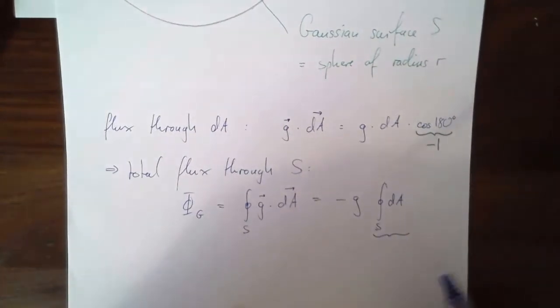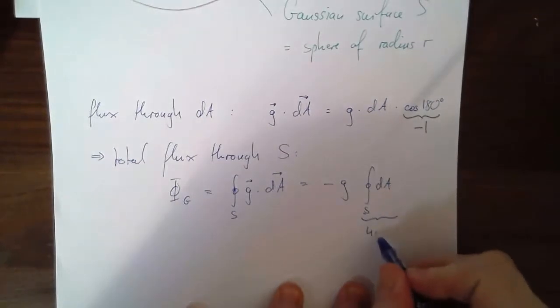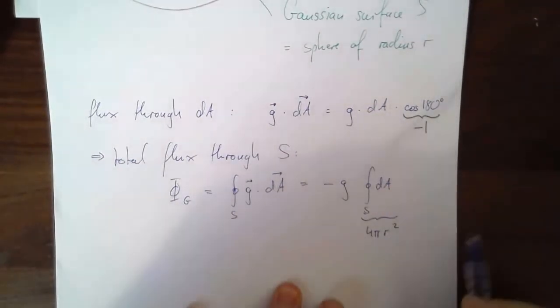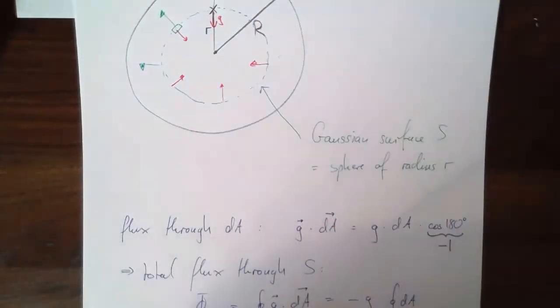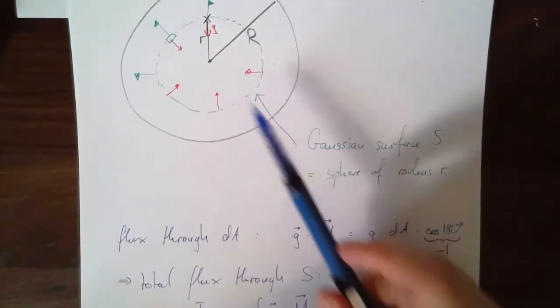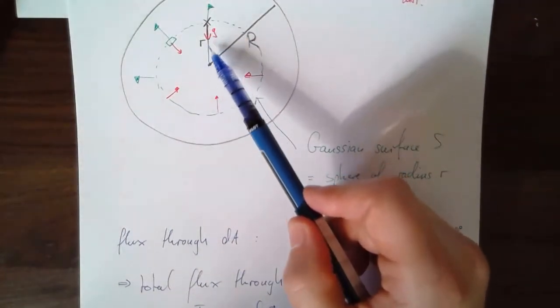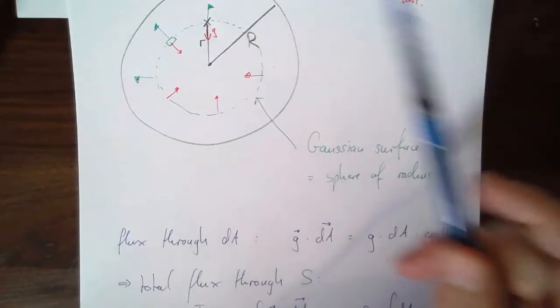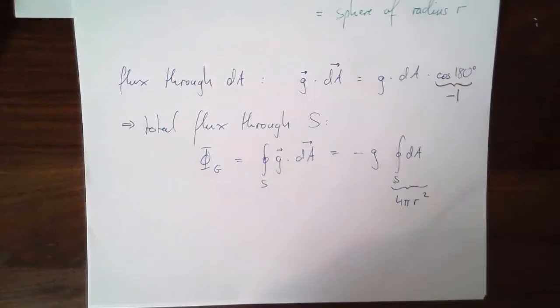This is exactly the same as we had before in example 1. This is just going to get you 4 pi r squared, the area of this green sphere. The imagined Gaussian surface is a sphere of radius little r, where little r is the distance from the center where we want to find the strength of the gravitational field. Okay, that was easy. Are we done?